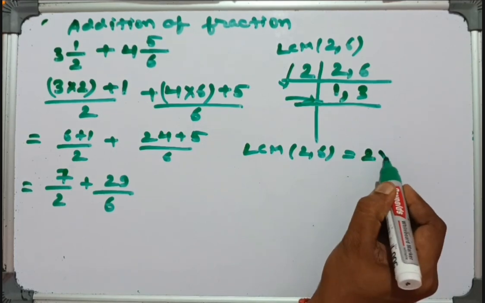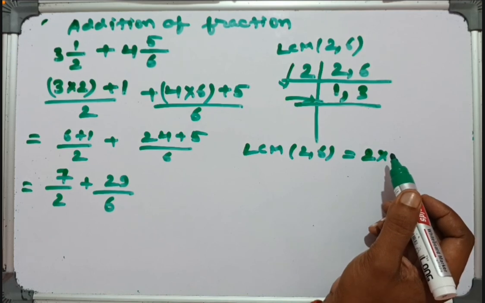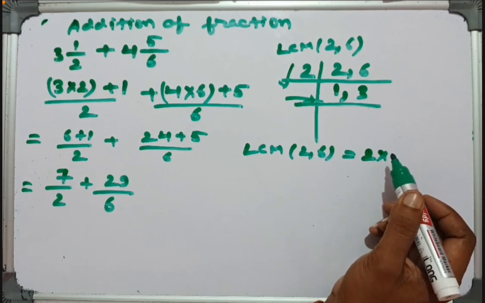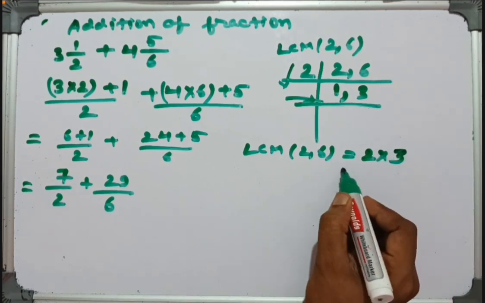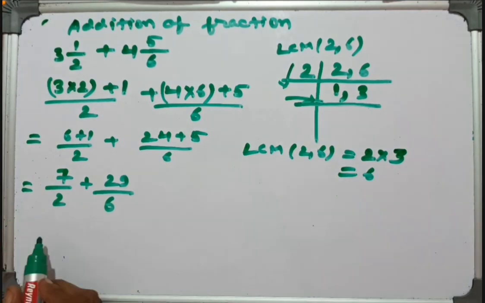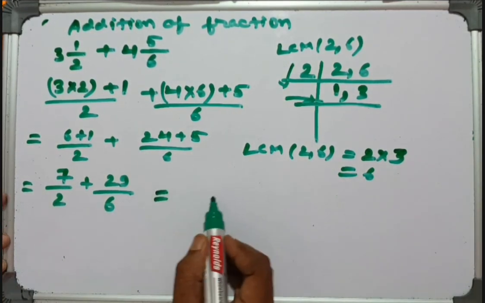So 2 is coming first. When you multiply any number with 1, it is equal to the same number. So we don't need to multiply by 1. So we write 3. So LCM is 6. So now we solve this again.